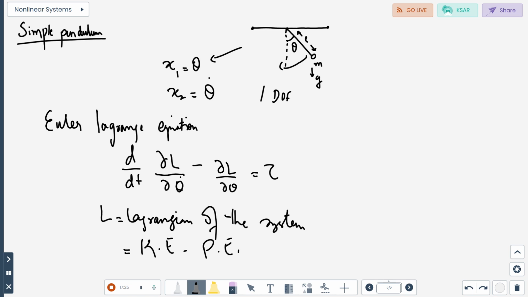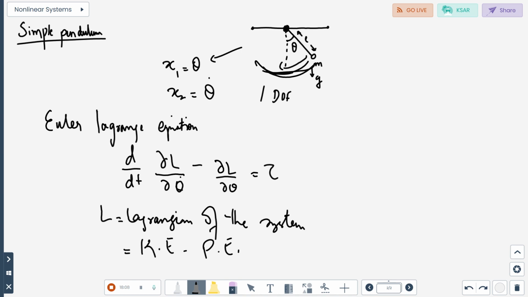So using the Euler-Lagrange equation, we will be able to find out the differential equations governing the dynamics of various nonlinear systems. d by dt of dou L by dou theta dot minus dou L by dou theta is equal to tau, where in this particular case, what we are assuming is that, say for example, a motor or an actuator has been placed here that is causing this mass m to move from here back to here.